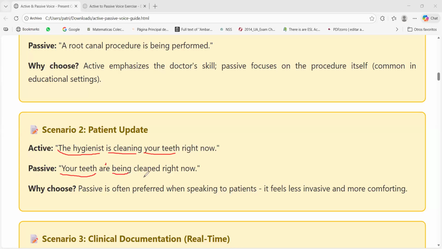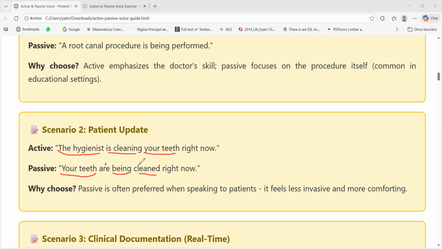Action: cleaning. No, it is cleaned in past participle. And complement: right now. And the hygienist?